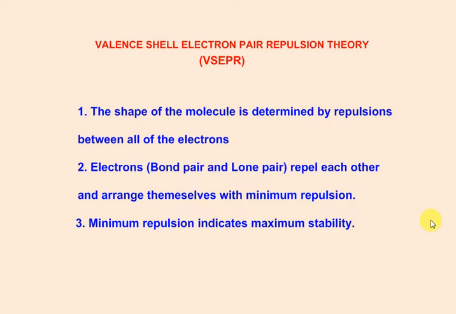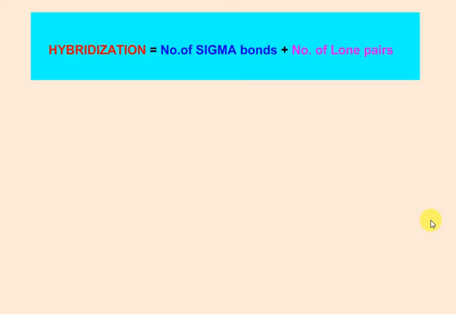Friends, in this video I am going to provide you a simple trick to find out the hybridization. I have written a formula here: hybridization is equal to number of sigma bonds plus number of lone pairs. Here, the number of sigma bonds can be easily predicted by looking at the molecular formula of the molecule.